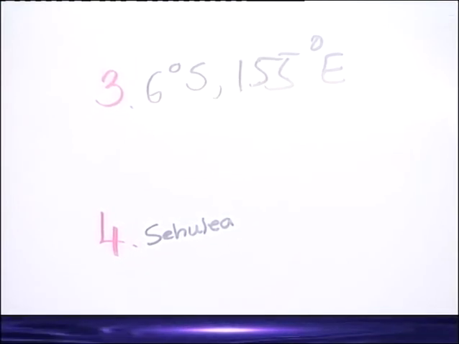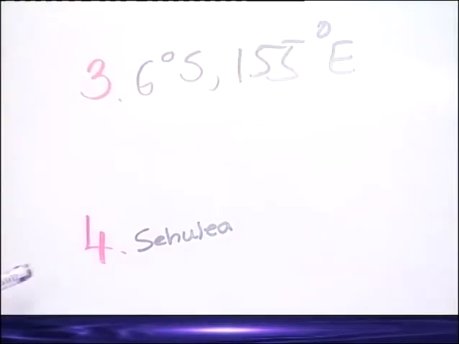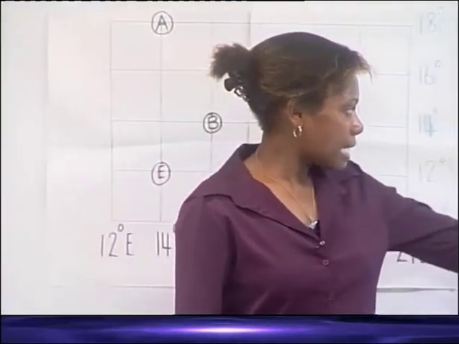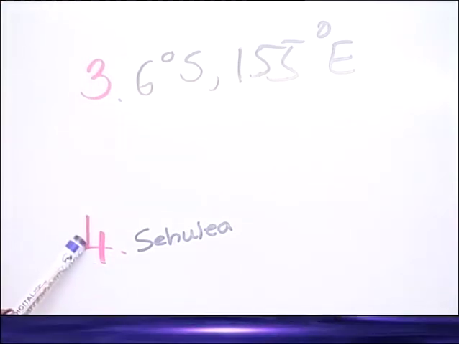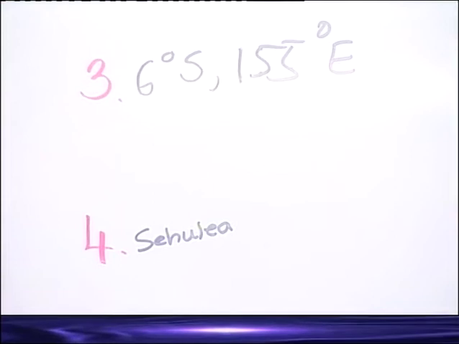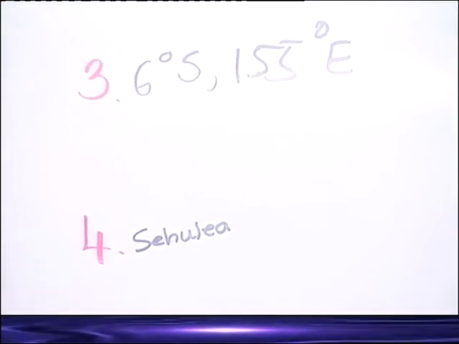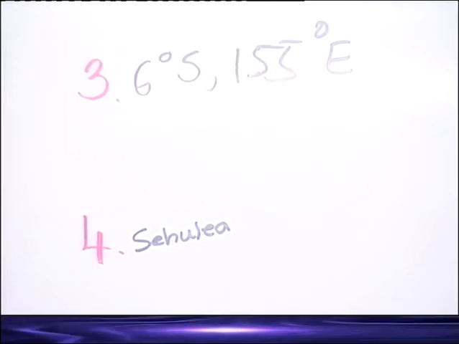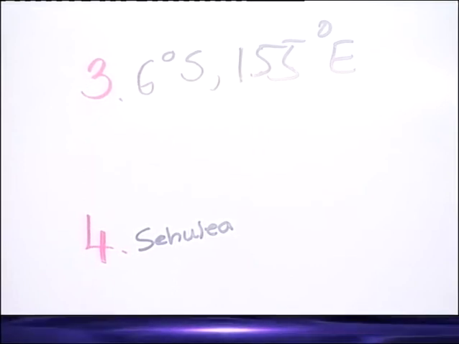Okay, receiving students, did you get this answer? Yes or no? Okay, yes. All right, so this place, where is it? In Milne Bay, okay. So Sehulea is located at 10 degrees south and 151 degrees east.